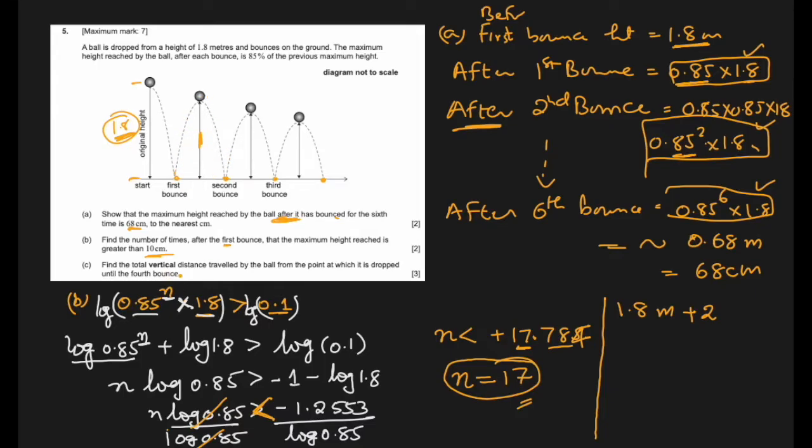So it is going a vertical distance twice. It is 0.85 times 1.8. Then we have this distance, which will be again twice 0.85 squared times 1.8, and then twice 0.85 cubed times 1.8. Just put this carefully in your calculator and you get the answer.